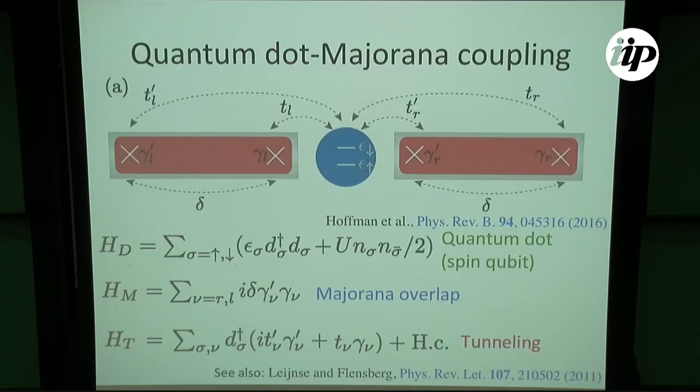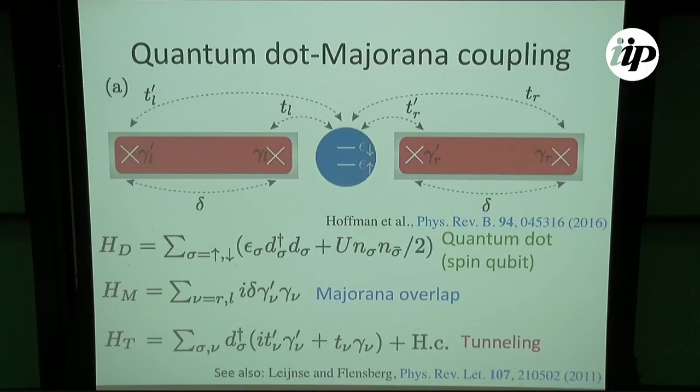This was an idea that we had last year, and essentially one takes, roughly speaking, a Majorana qubit that's composed of two topological superconductors, one on the left and one on the right, and couples it to a quantum dot. The topological superconductors are described roughly just by this equation.